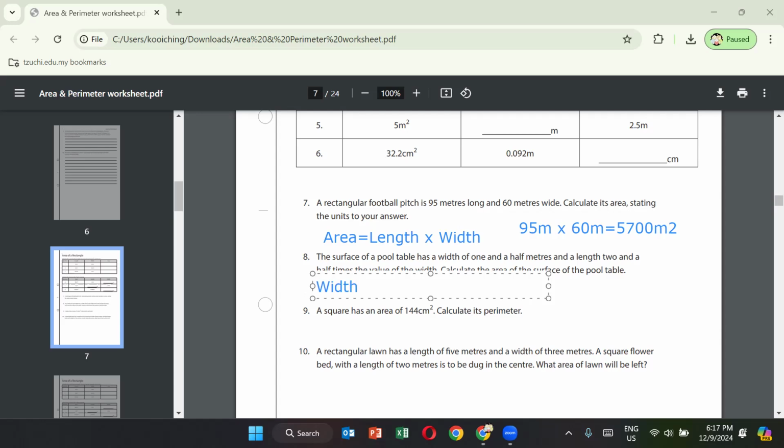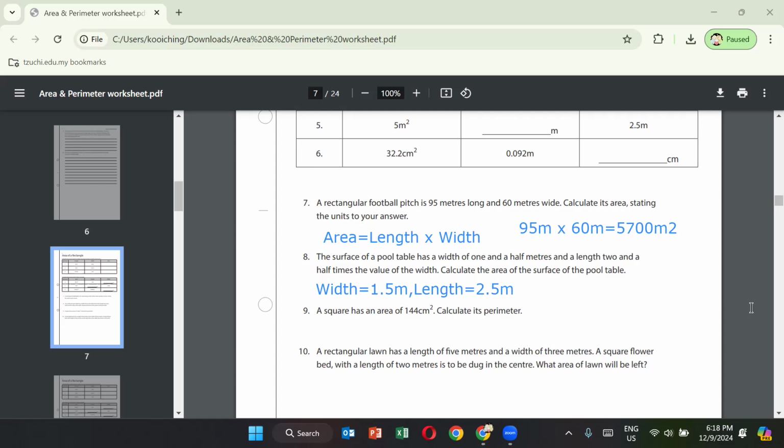The width, they said, is 1.5 meters, so it will be 1.5 meters. While the length, they said, will be 2.5 times the value. So basically, it means that it will be 2.5 meters.